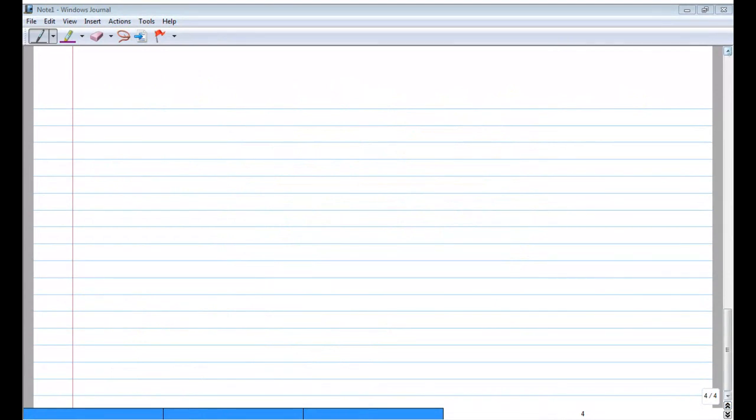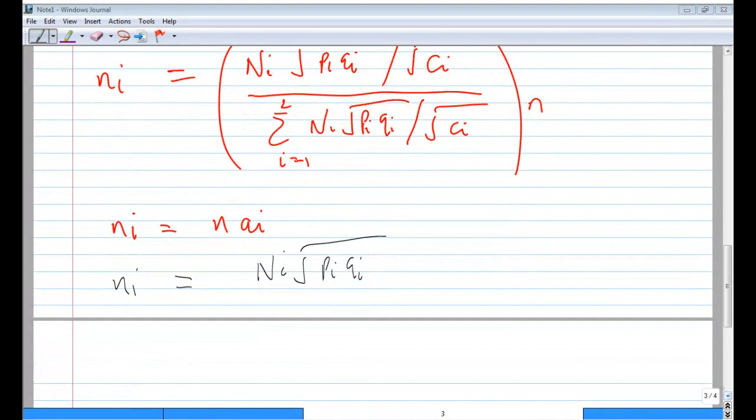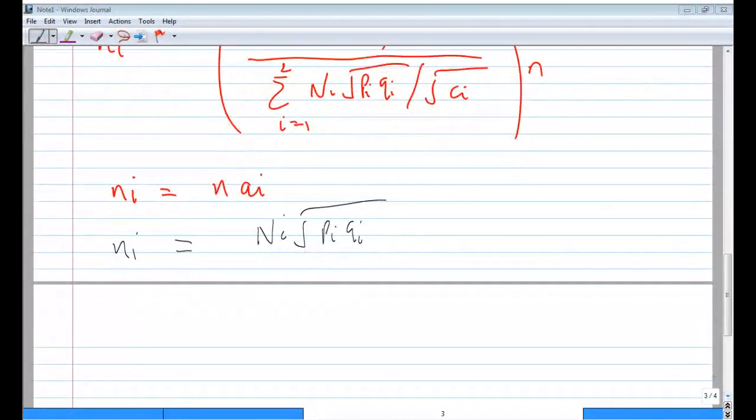Let me just write it down here. Can't fit here.